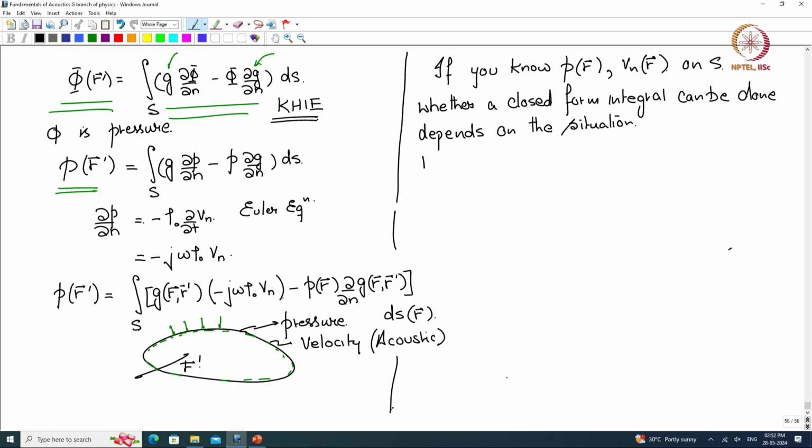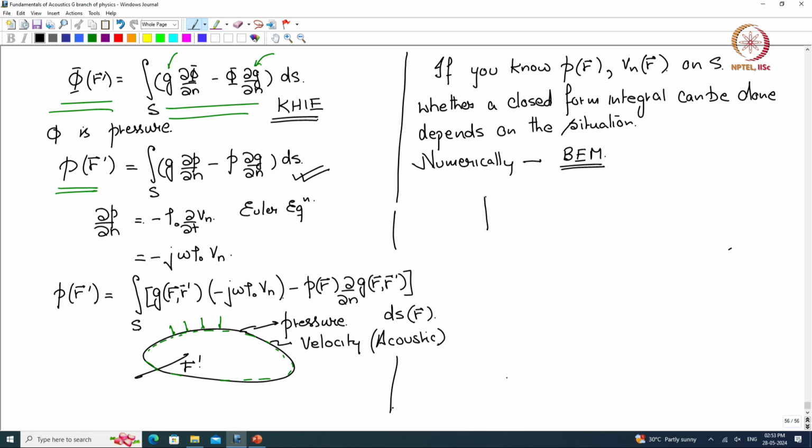However, this can be done numerically, and that is the topic of the boundary element method. Because it is a boundary integral, the boundary is discretized, and this integral forms the basis for the boundary element method.